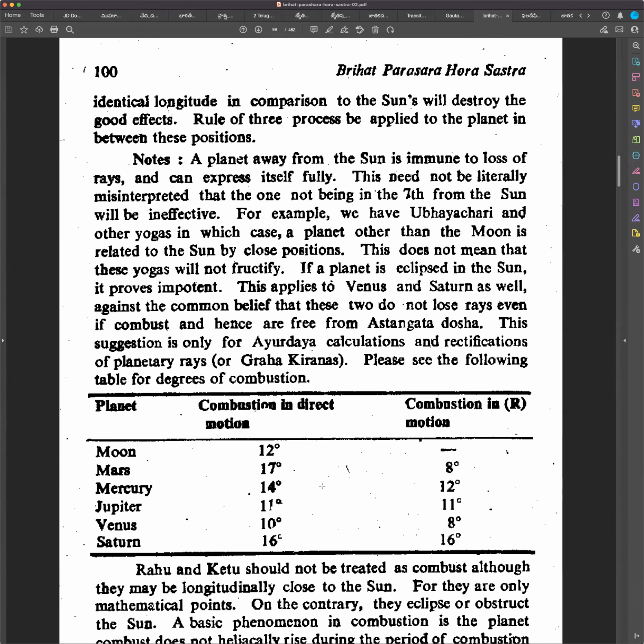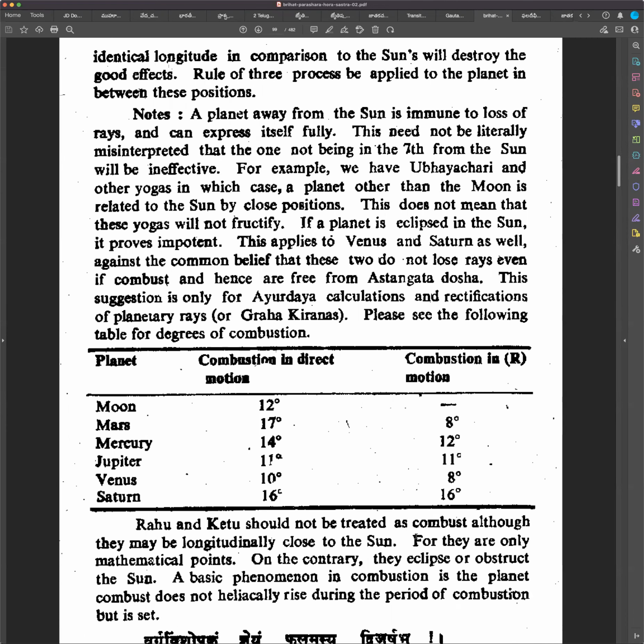Many people posed a question after listening about combust planets: what is the effect of retrograde combust? Combust itself is burning out, whether it is retrograde or straightforward, whatever it is, the planet is getting burned. So it will not give any results. The Sun will take charge of the bhavas ruled by that planet.